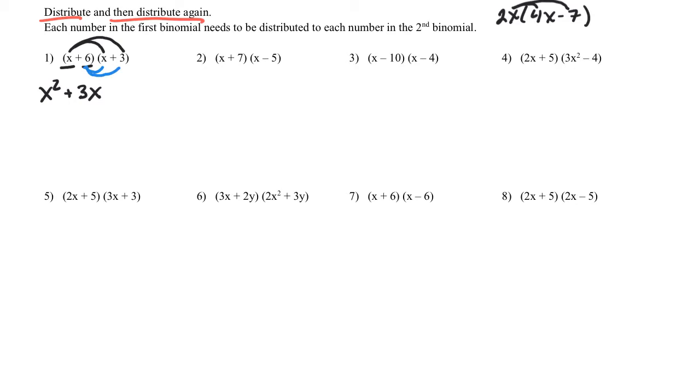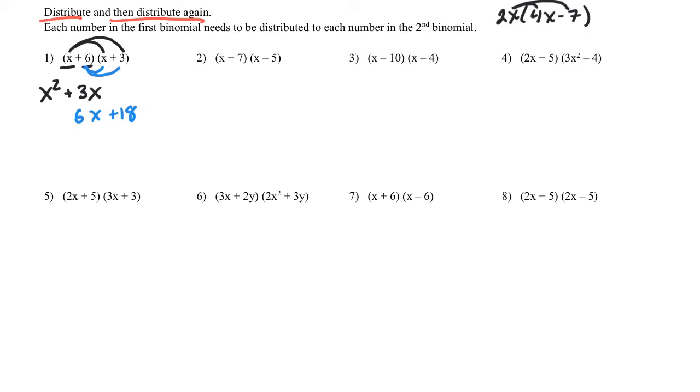So what I'm going to do is set this up sort of like our old school addition problems. I'm going to write like term under like term so that when I combine, I can just add straight down. So 6x is a like term with 3x, so we'll write them underneath each other. Then 6 times 3 is 18.